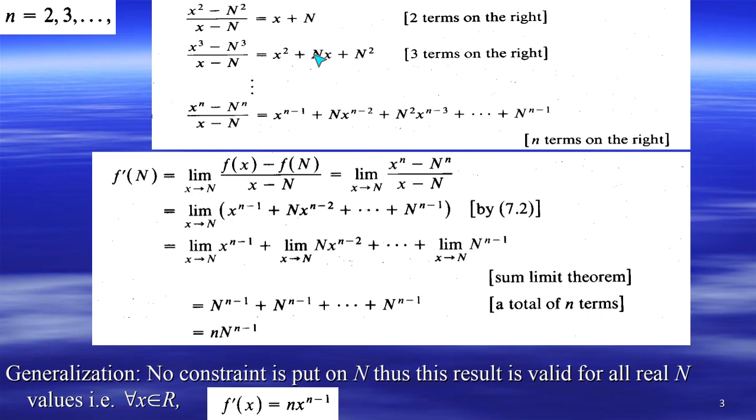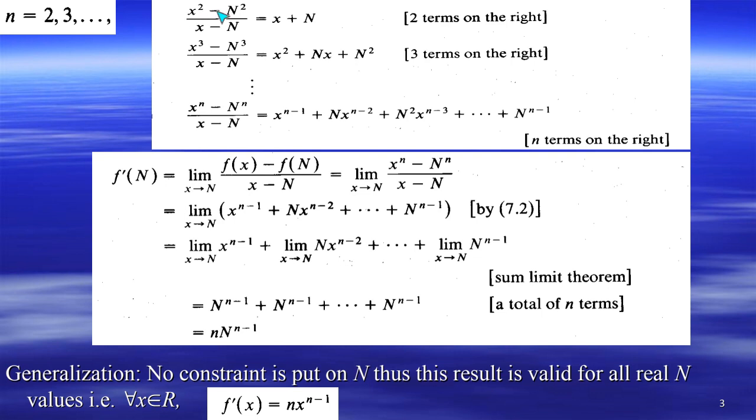First, let's observe something. x square minus n square over x minus n is equal to x plus n. Probably you know the property a square minus b square is equal to a minus b times a plus b. This is a property. This is always equal. This is always valid. It's always true.